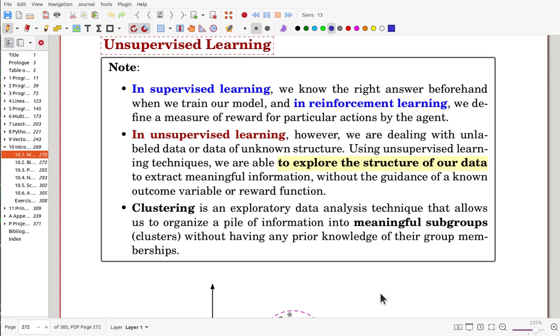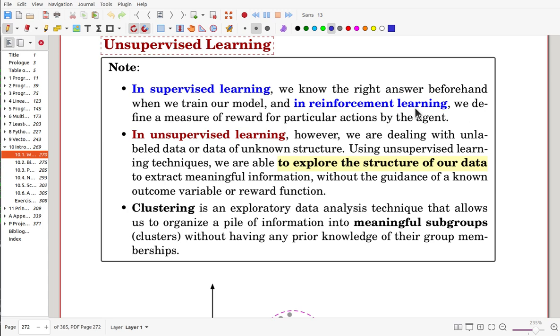That's the purpose of unsupervised learning. In supervised learning, we are using labels, and in reinforcement learning, we are using some reward system. But in unsupervised learning, we don't have anything. We just explore the hidden structure of the data set.